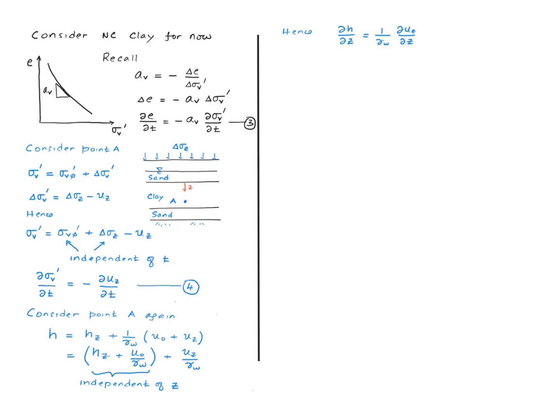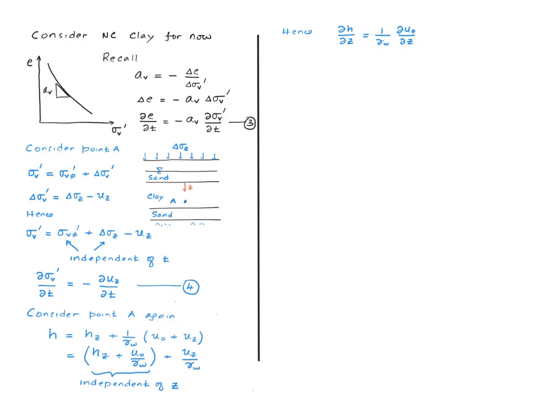And that shouldn't have changed from point to point. In other words, there was no water flow before we applied the surface pressure. So this should be independent of the depth. And therefore the hydraulic gradient, which is dH over dz, is given by this equation right here.